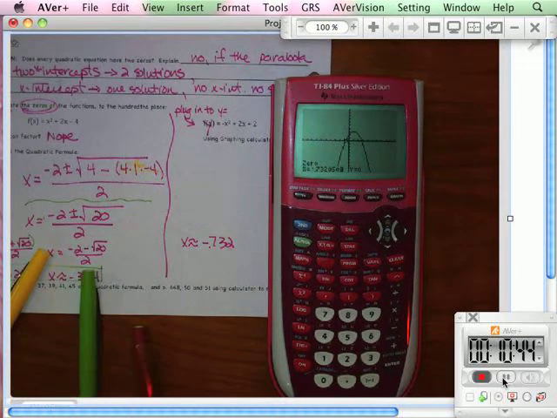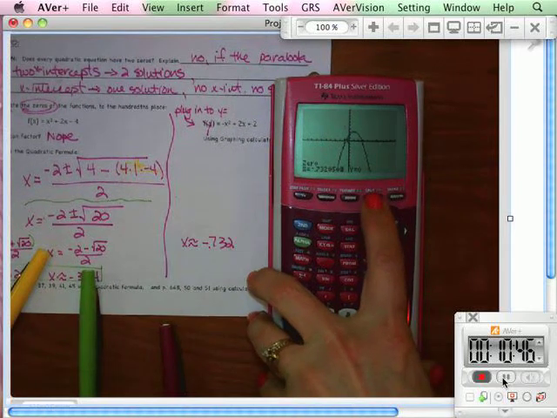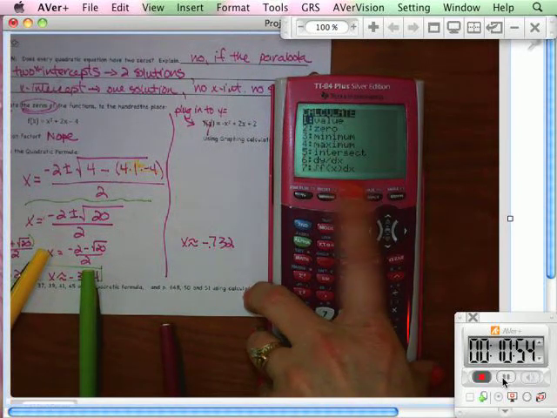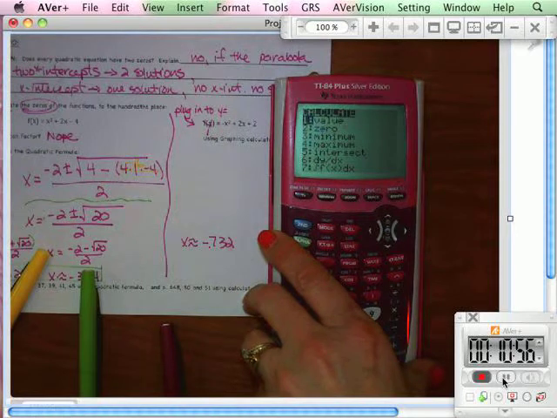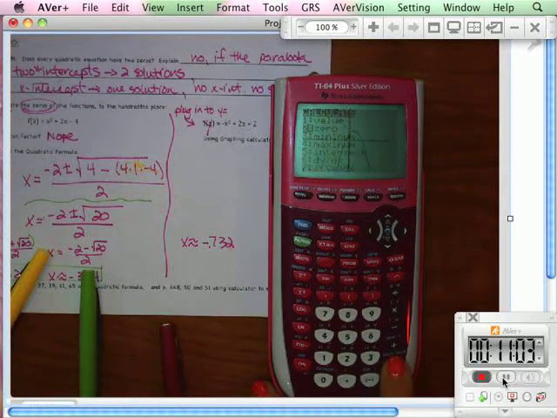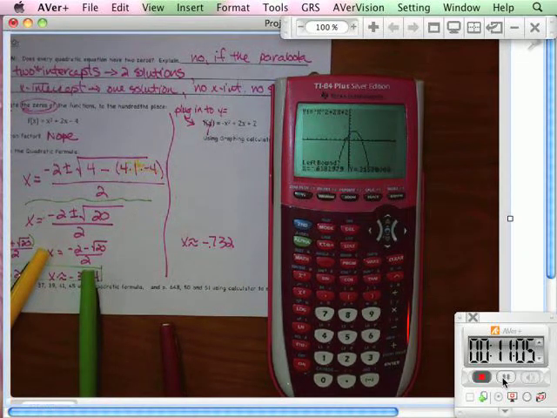So we have to go back to the menu up here. Second trace. Are you all at this menu? I need a zero, so I'm going to go down here. Push enter. We already did this one.